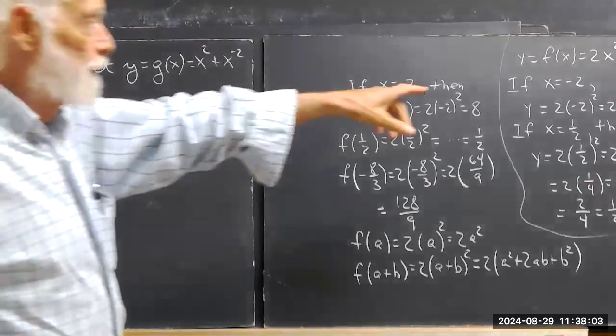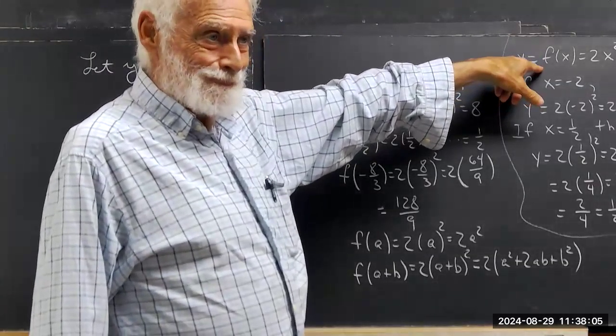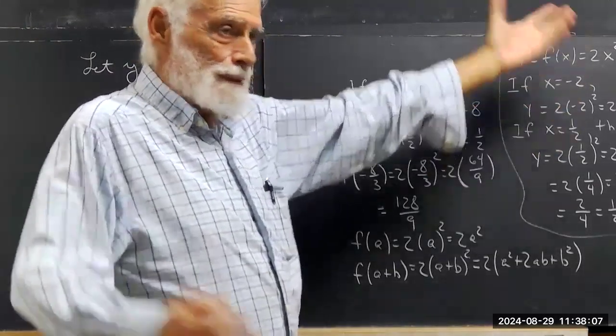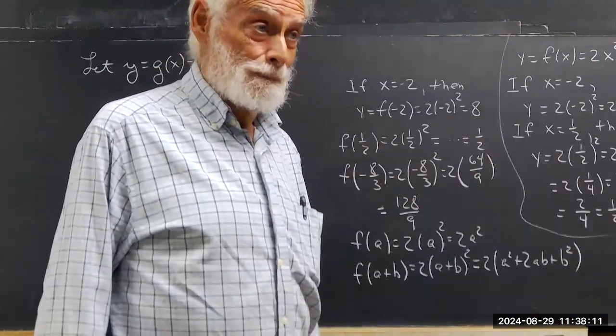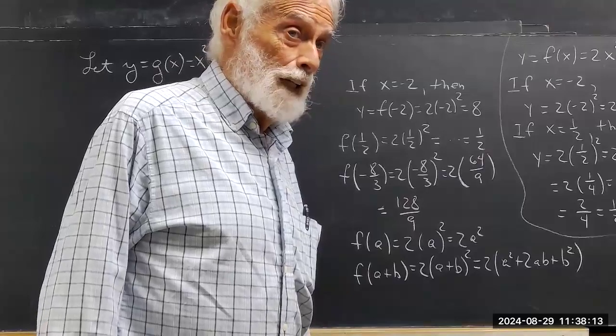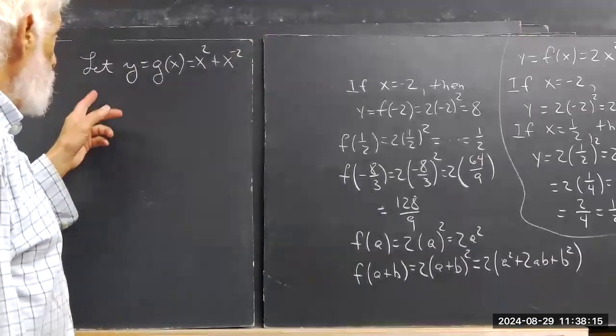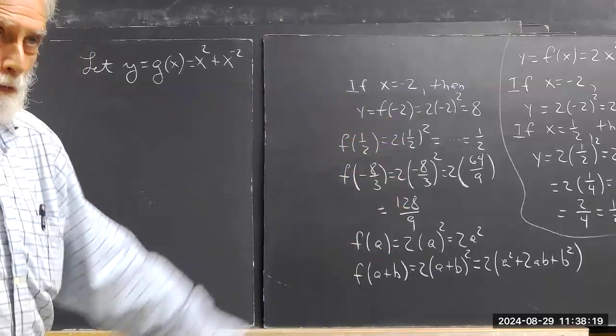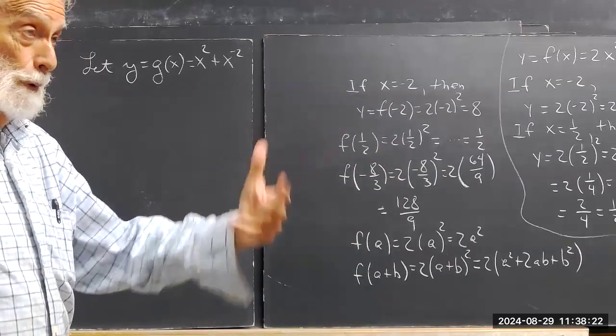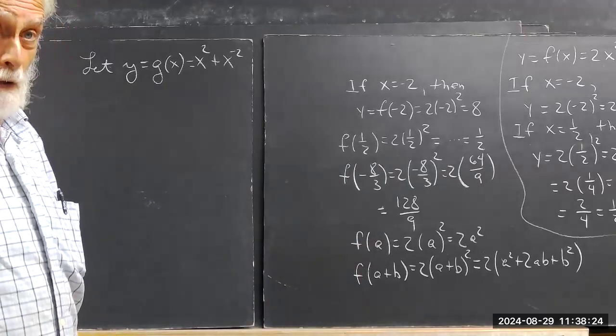Now, the name of this function was f. I can make up any name I want. I could say y equals aardvark of x, if I want to use aardvark for the name of my function. I don't know why I'd ever want to do that, but I could.